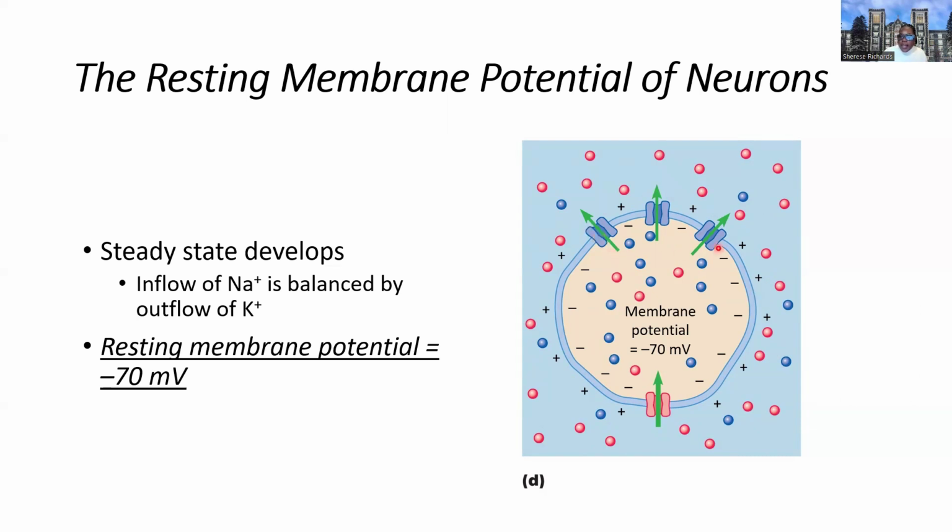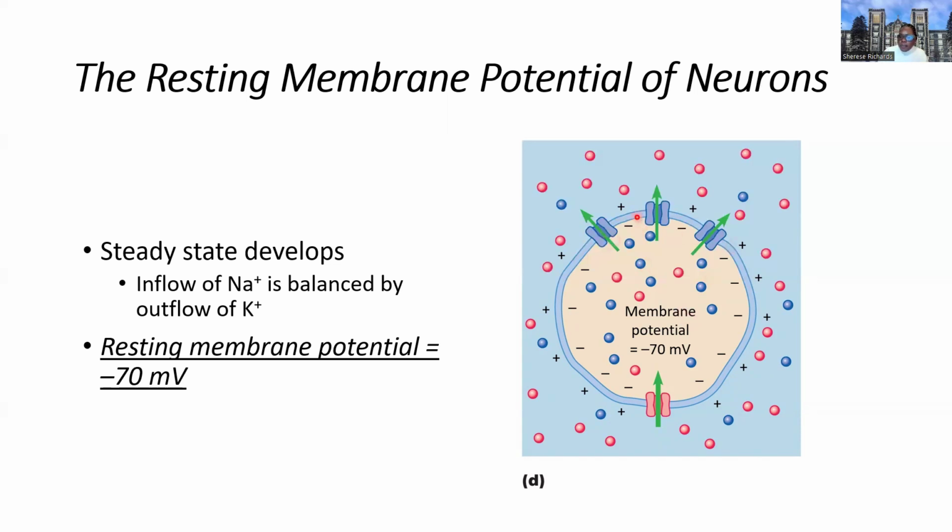That is to say that as potassium trickles out of the cell, the sodium potassium pump pumps it back in. As sodium rushes into the cell, the sodium potassium pump pumps it back out, okay? And the number of potassium and sodium that is moving according to the sodium potassium pump is also a direct reflection of that as well.